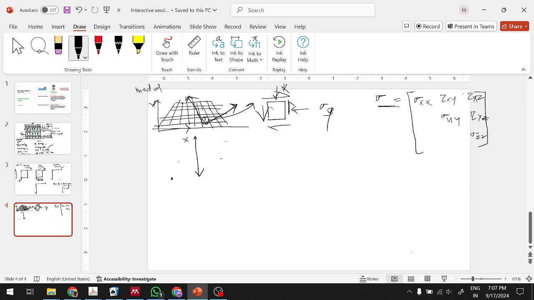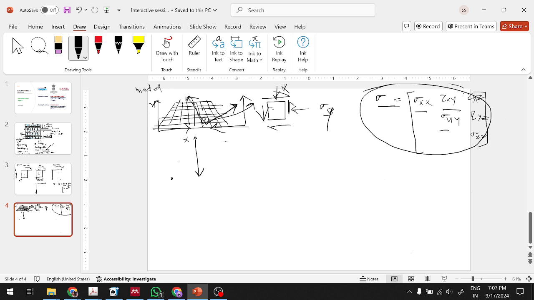You see here the value for this depends on your axis. If you had taken a different plane, your values for sigma x, sigma y, sigma z would have been different.